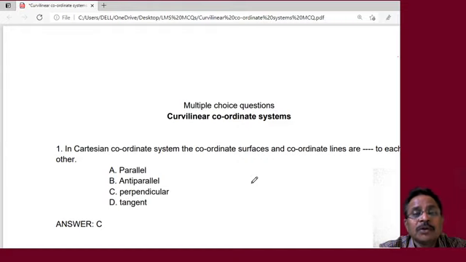Now we have been introduced to different types of coordinate system such as Cartesian, spherical polar coordinate system, cylindrical coordinate system, and so on. All these systems can be a part of one generalized coordinate system, which is called as orthogonal curvilinear coordinate systems.